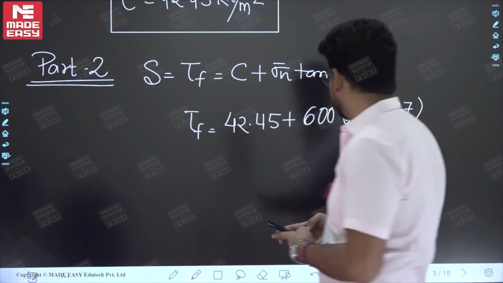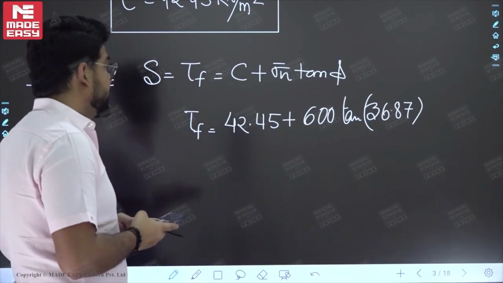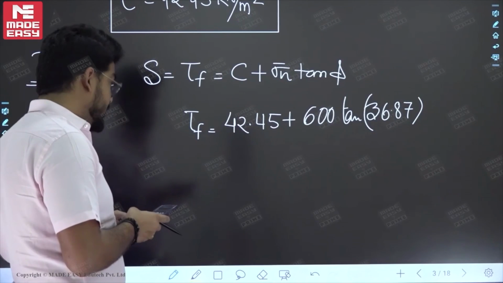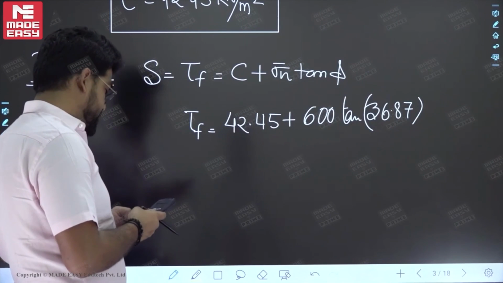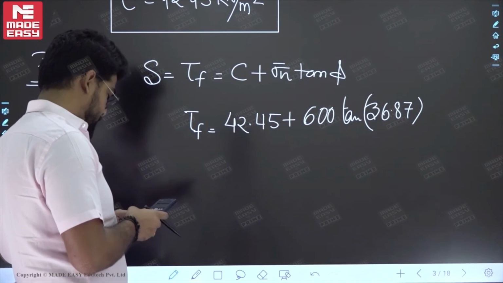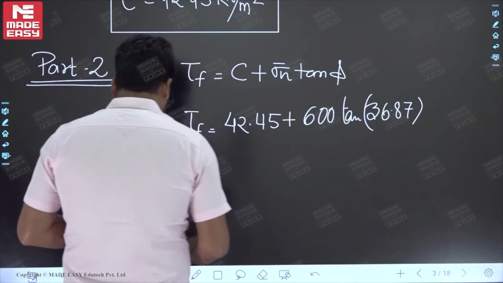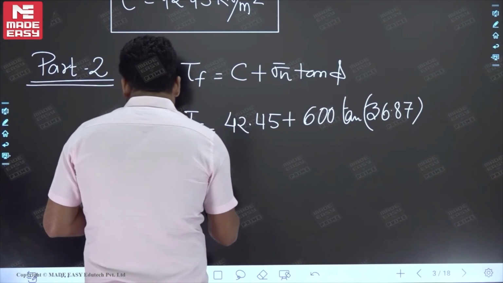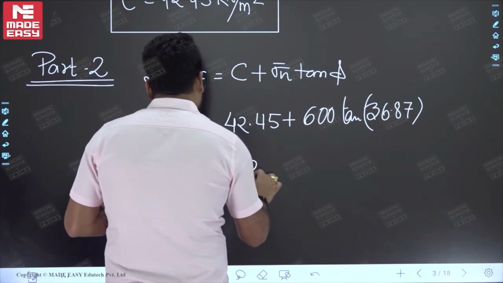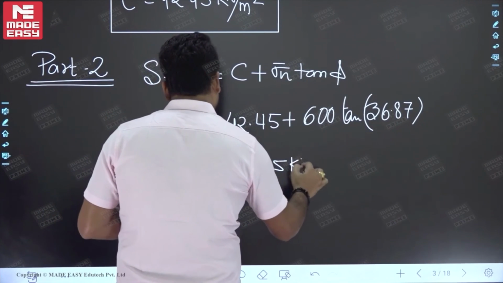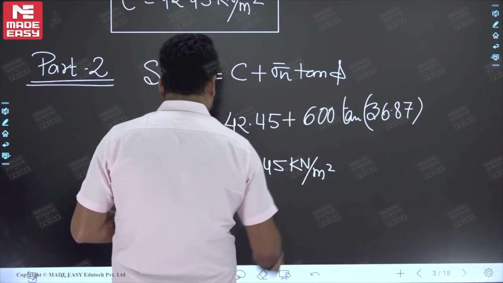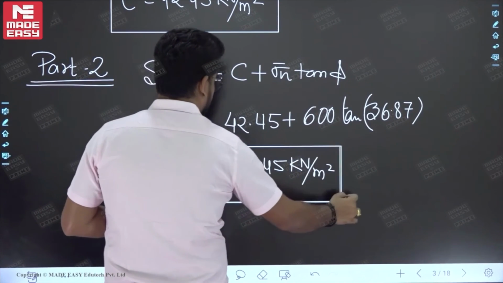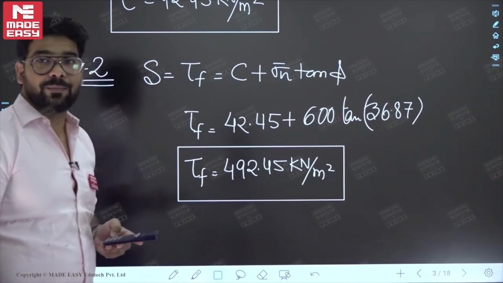Now solve it. 600 is the normal stress. So this tau F comes out to be 492.45 kilonewton per meter square. Clear? So by this way we can determine tau F. This is the second part. Clear?